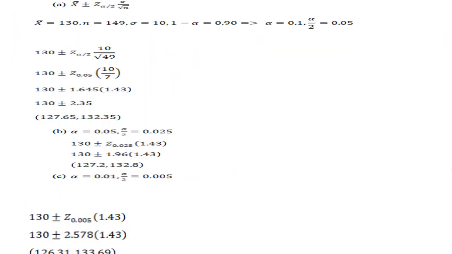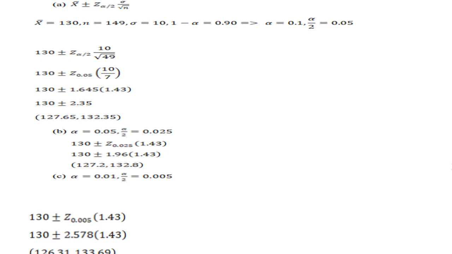So we are using the formula X bar plus or minus Z alpha over 2 times sigma over root n, because our X bar, n and sigma have been given. Our X bar is 130, our n is 49, our sigma is 10.